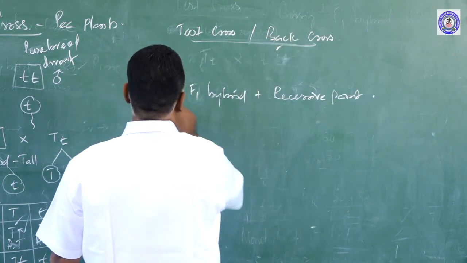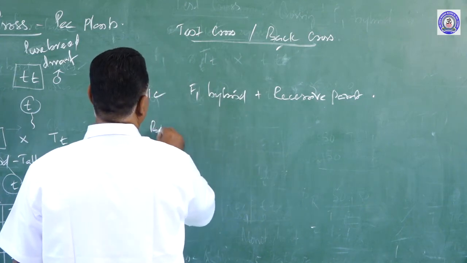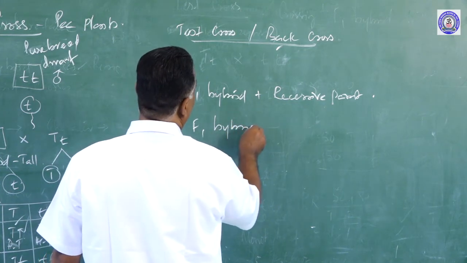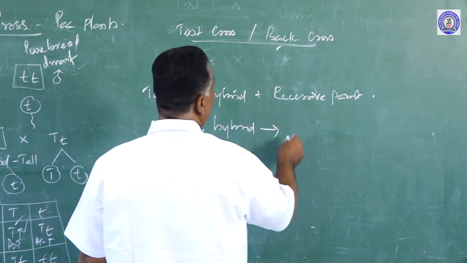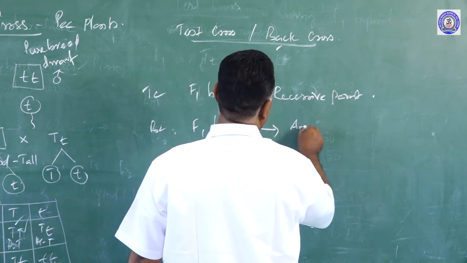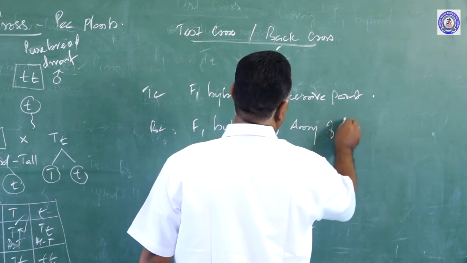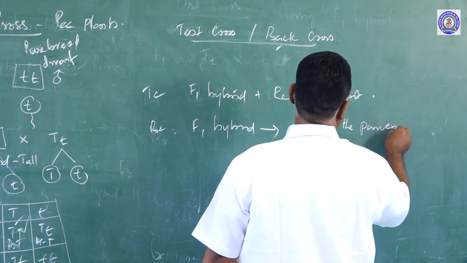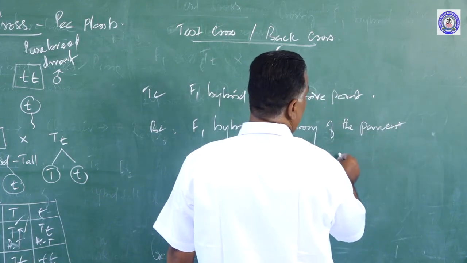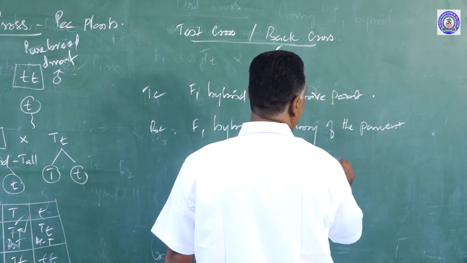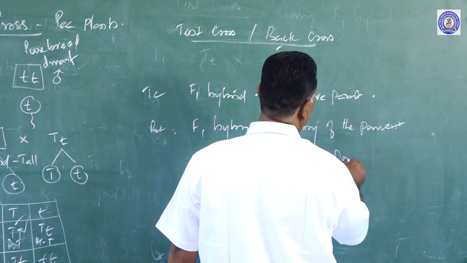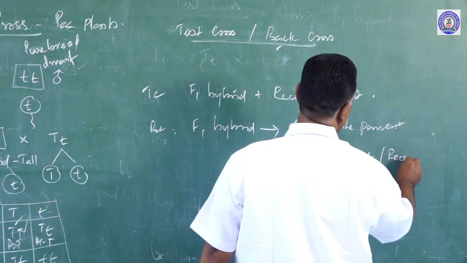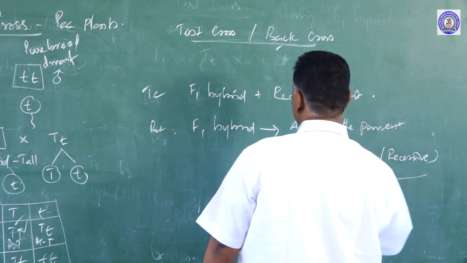And the back cross is one where F1 hybrid is crossed with any of the parents, either dominant parent or recessive parent.